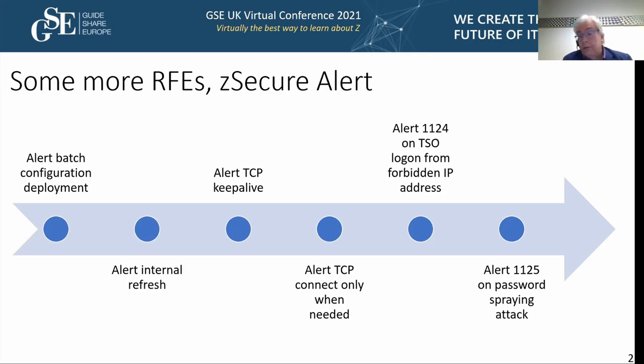And there's an alert about the password spraying attack, where somebody tries a specific password on all user IDs. For example, when an NBA player has scored, there's a big chance that people on the next password change will use that player's name, and then you can try that password on all the user IDs. That's called the password spraying attack, and there's now an alert for that.